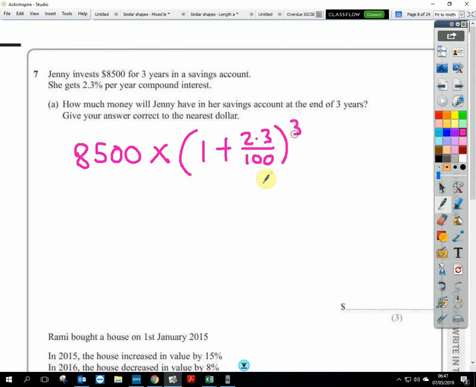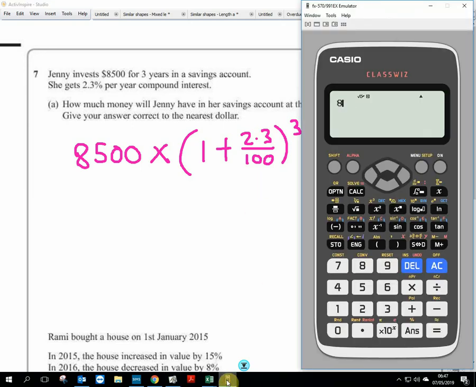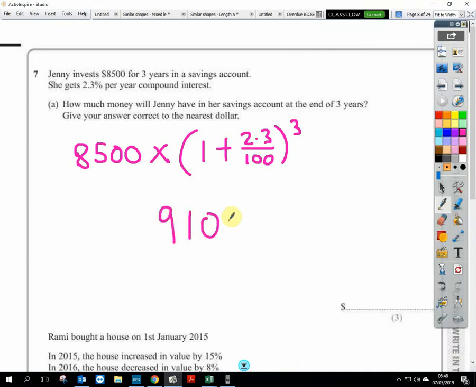So it's in there for 3 years, and this is what we type in the calculator. Okay, so let's have a go. 8,500 times brackets 1 plus 2.3 over 100 to the power of 3. Okay, 9,100. Give our answer to the nearest dollar. So to the nearest dollar, that's 9,100.